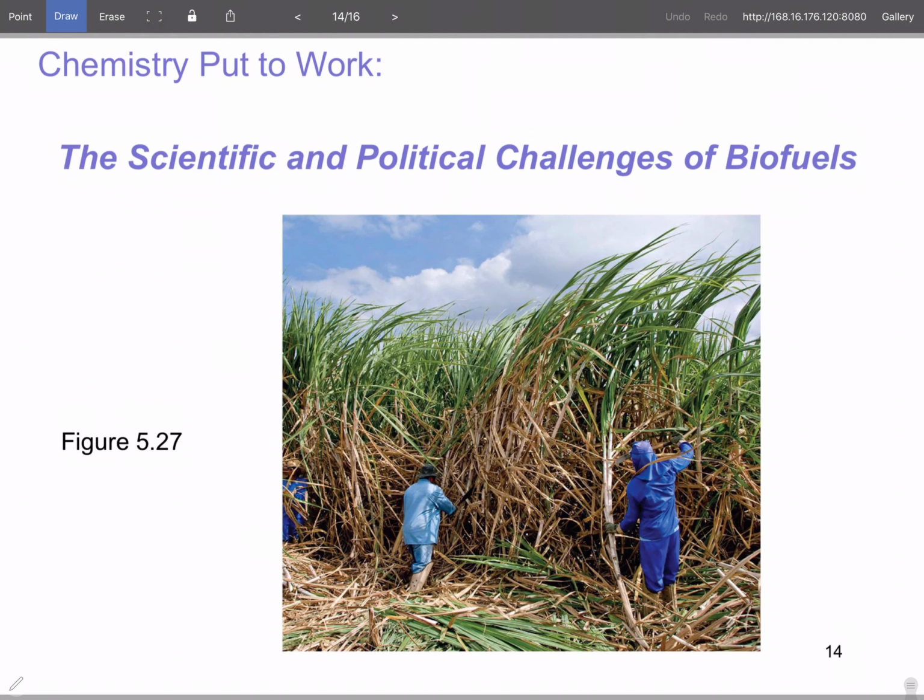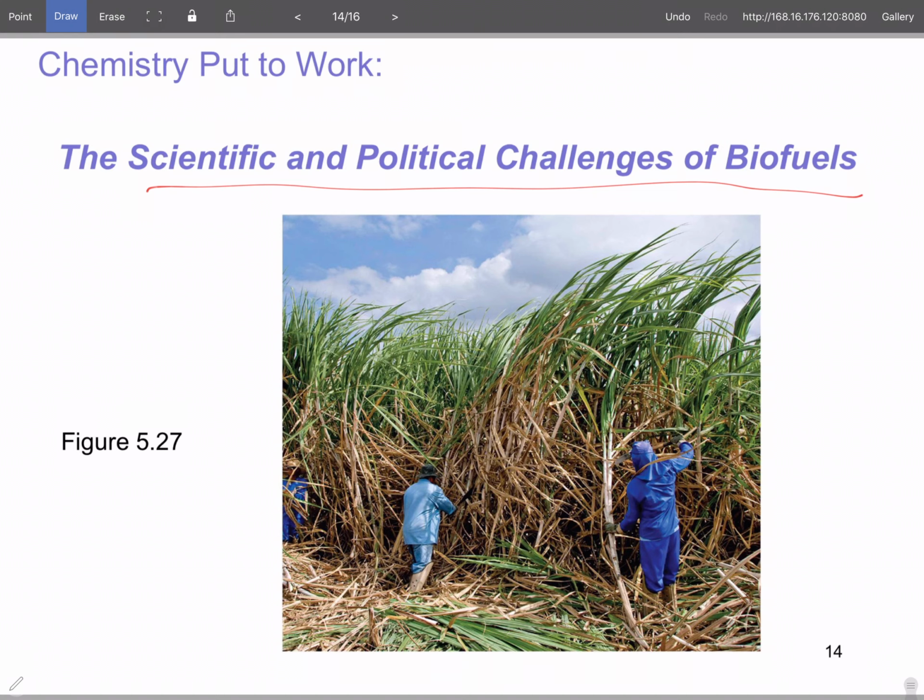Okay, now, scientific and political challenges of biofuels. This is actually interesting to read from a scientific viewpoint, because what they're talking about is when you're making biofuels, and biofuels are things like ethanol, you can make ethanol from sugar cane. You can make ethanol from corn. Primarily, it's made from corn in the Midwest because we have a lot of it.